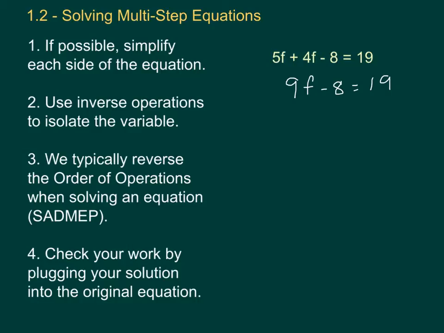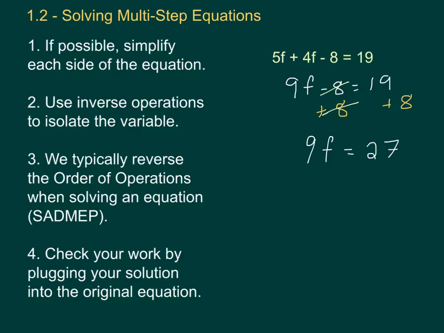So here, our goal is to deal with the subtraction first. How do we deal with the subtraction? With addition. We add it to the left side of the equal sign, and the right side gets jealous, so we add it over there as well. This causes the minus 8 and the plus 8 to cancel on the left, leaving just 9f. And on the right side, 19 plus 8 gives us 27.